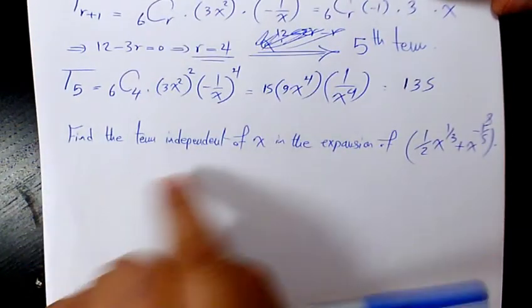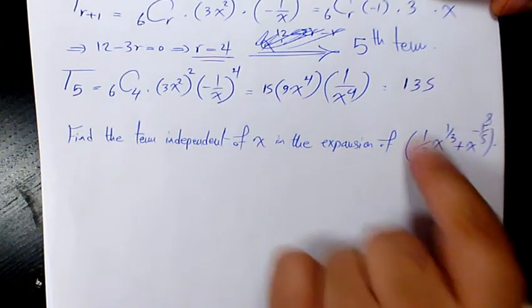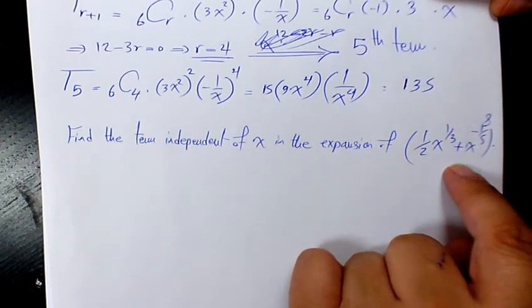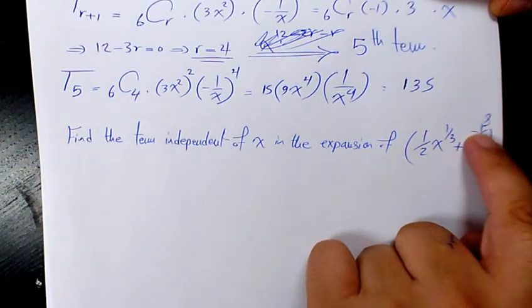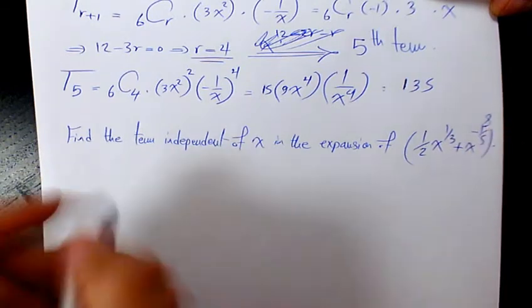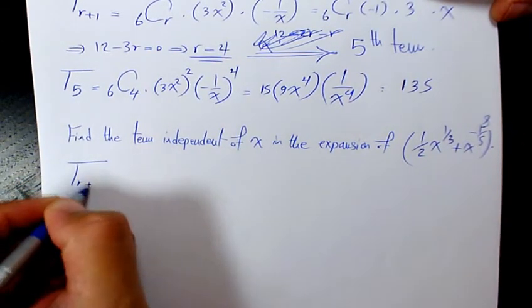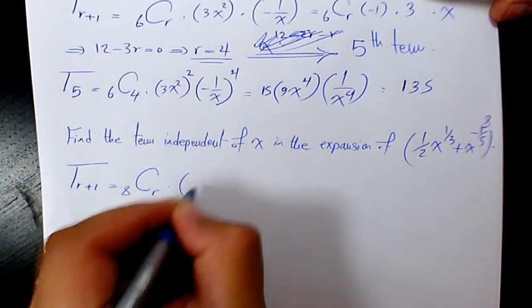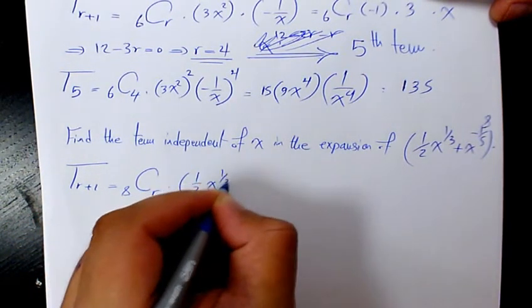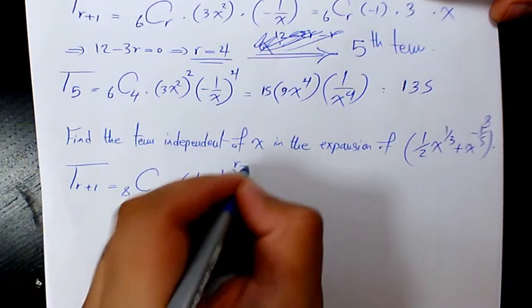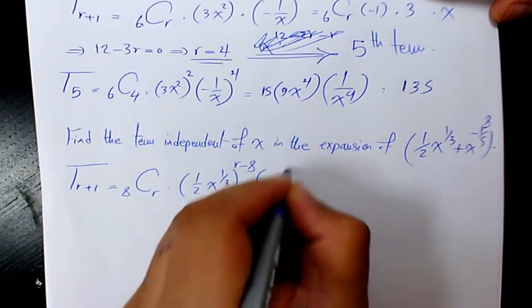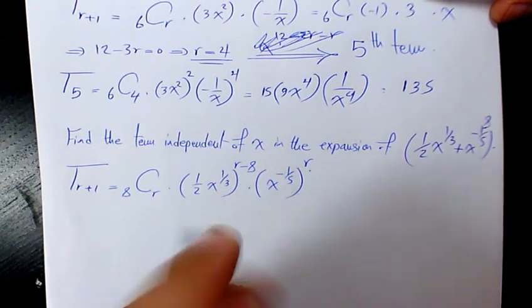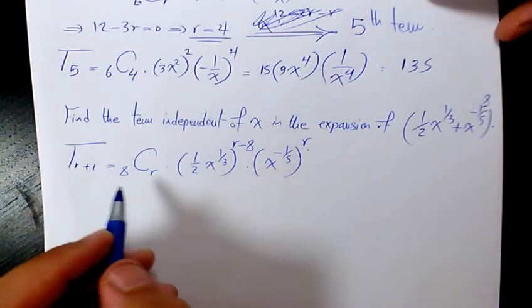Next one, find the term independent of x in the expansion of (1/(2x^(1/3)) + x^(−1/5))^8. So T(r+1) equals 8Cr (1/(2x^(1/3)))^(8−r) times (x^(−1/5))^r.